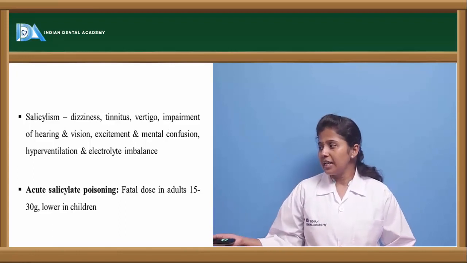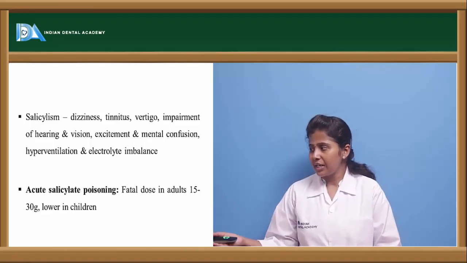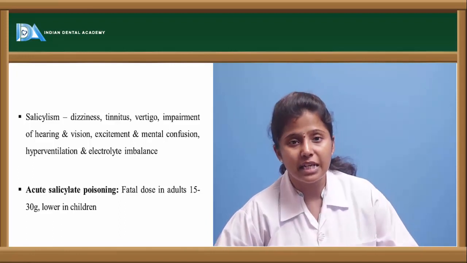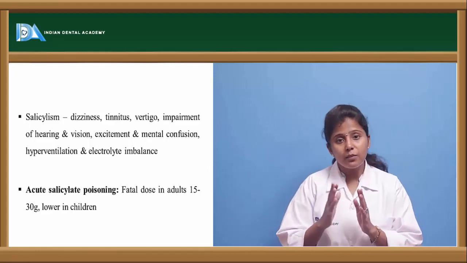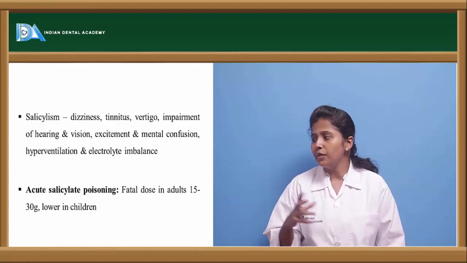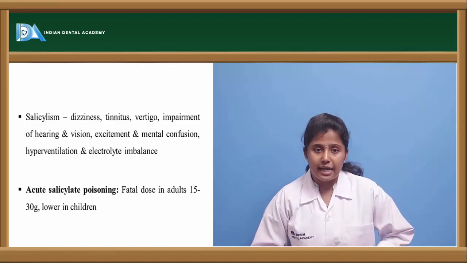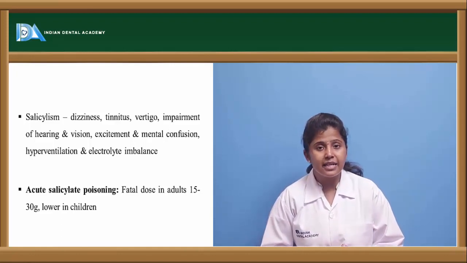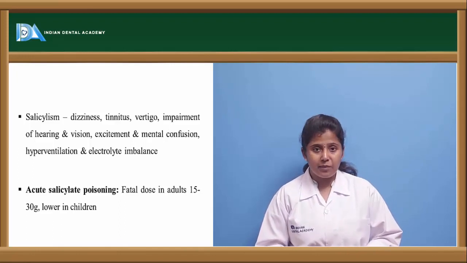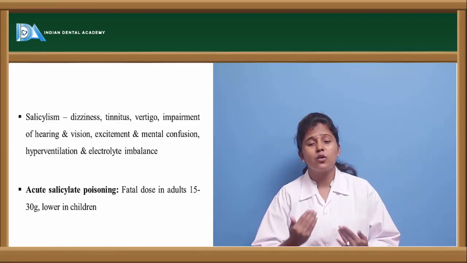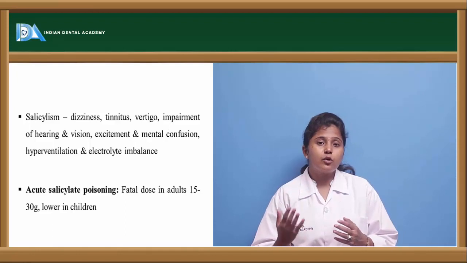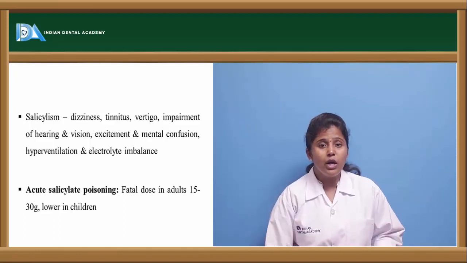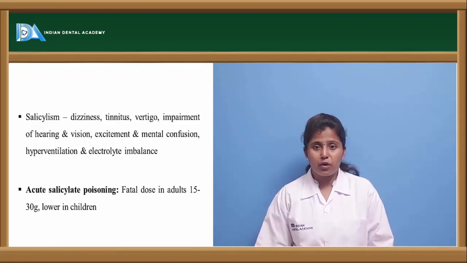Acute salicylate poisoning mostly occurs because of aspirin at a dose of 15 to 30 grams in adults. If the dose exceeds 15 to 30 grams in adults, it causes acute salicylate poisoning. And even with a lower dose, in children it causes salicylate poisoning.